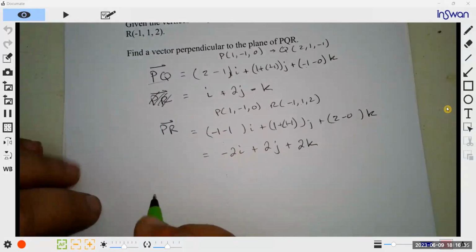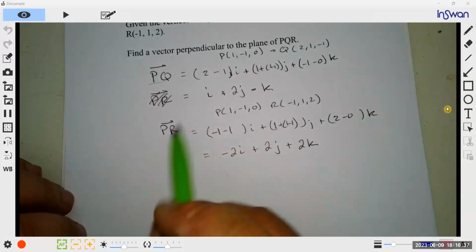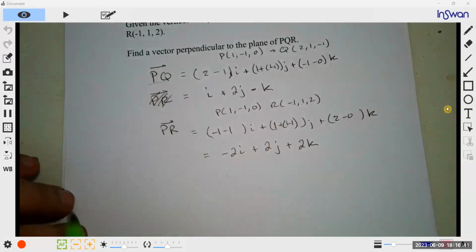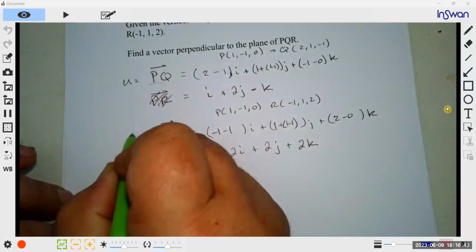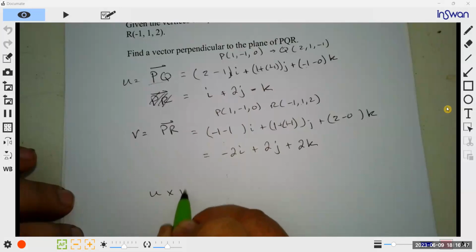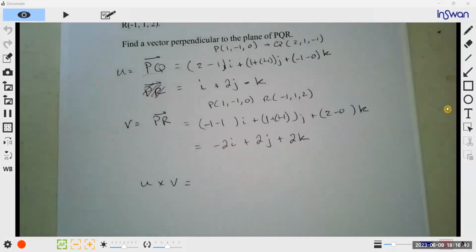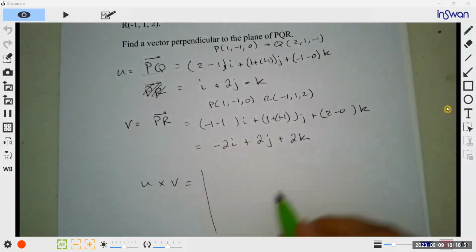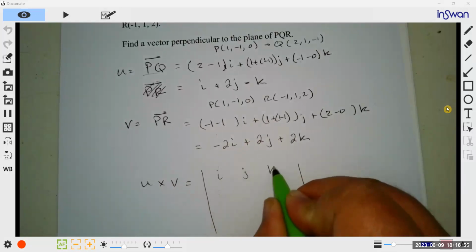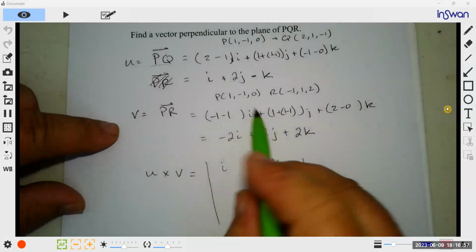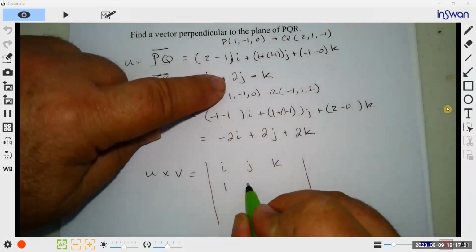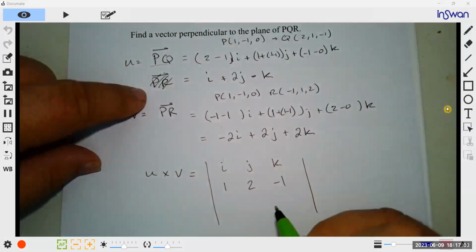Okay, so now we have to find the cross product of those because we want to find the vector perpendicular. We have the two vectors. Let's call this u and call this v. So we need to do u cross v. So i, j, k. The vector u, the coefficients only, is 1, 2, negative 1.